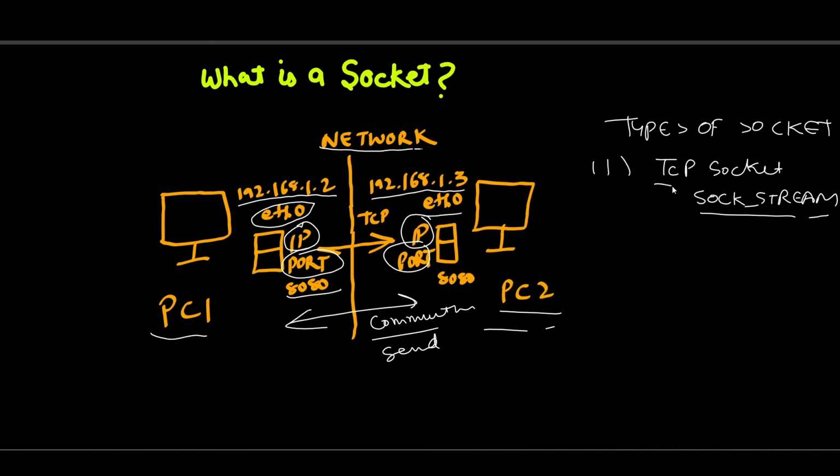These sockets usually use the TCP protocol. The second type of socket is UDP. This socket uses the UDP protocol to communicate through the network.